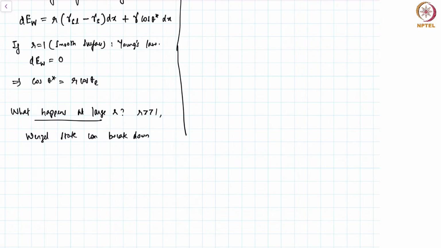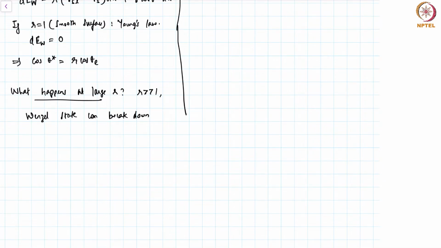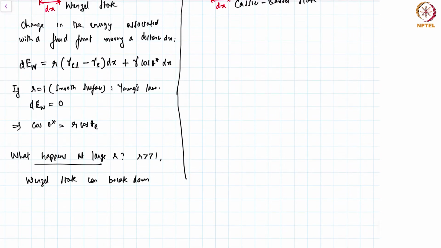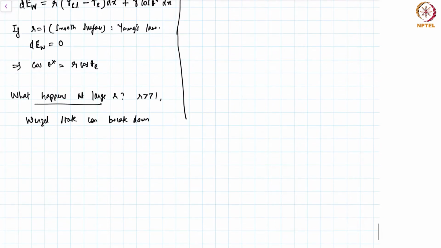When R becomes very large, which means the roughness has increased quite a bit, the fluid does not penetrate all the depths of the roughness, and you start trapping air pockets.